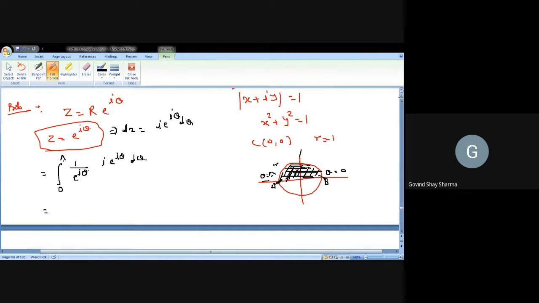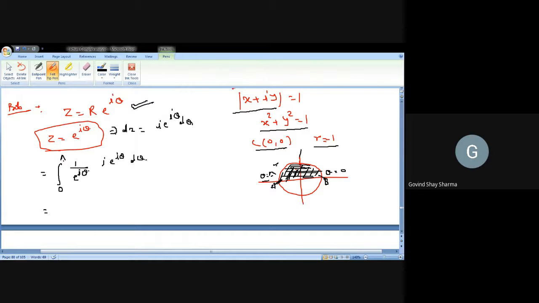We know x plus iota y is equal to 1 because whenever a circle is given, we put x plus iota y in the place of z, and change the equation into Cartesian form in x and y. So here it becomes a circle with center 0 0 and radius 1, and z is equal to r e to the power iota theta, because r is 1, so z is equal to e to the power iota theta.